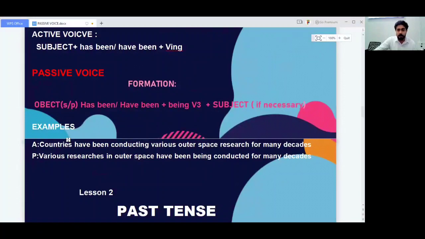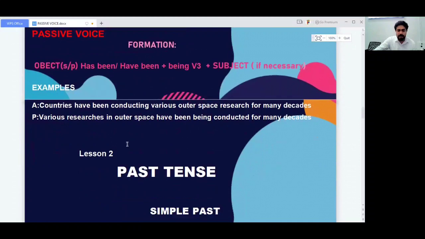If you ever want to make a passive form of present perfect continuous tense, you can make it, though it's not really popular. So we have the object first as in any passive voice. If it is singular, has been, or if it's plural, have been, plus being plus V3. So this is the only difference you need to add here. Then the subject if necessary.